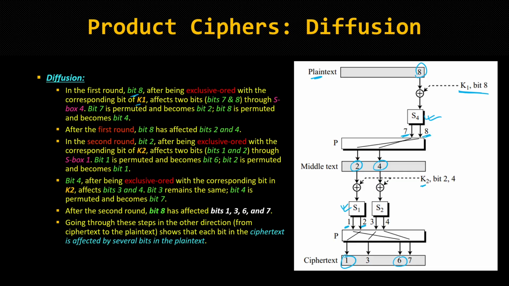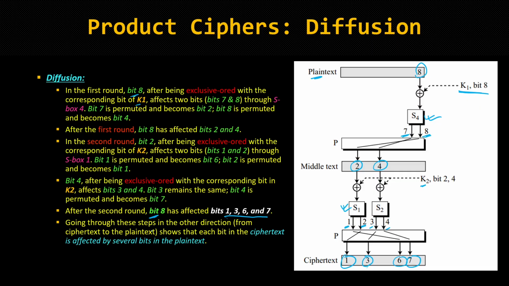Similarly, bit 4 goes through the S box and affects bits 3 and 4. After these 2 bits go through the P box, bit 3 remains the same, and bit 4 affects bit 7. So after the second round, bit 8 has affected bits 1, 3, 6 and 7 in our ciphertext.